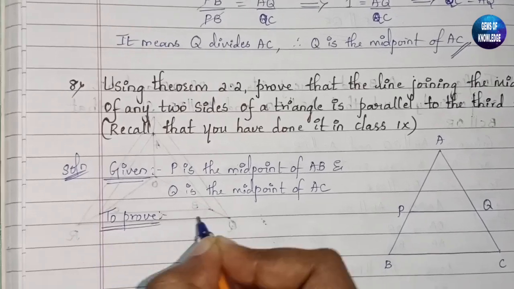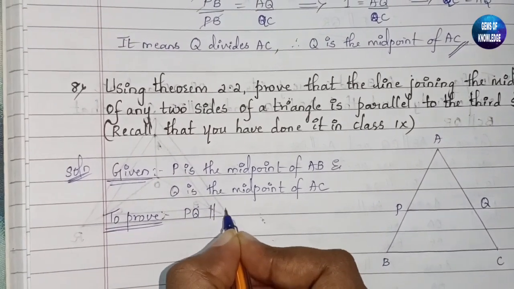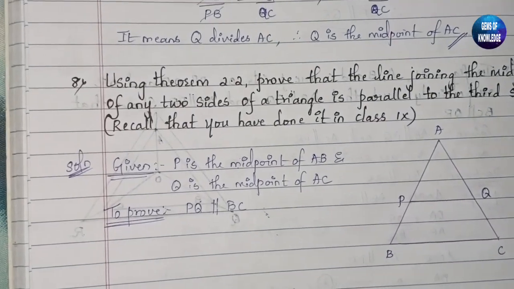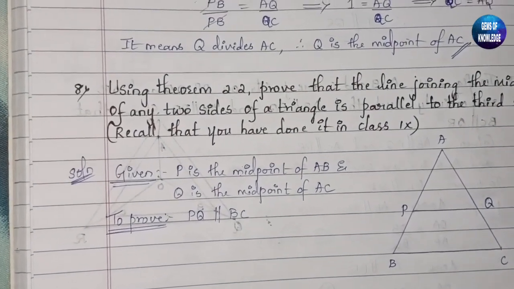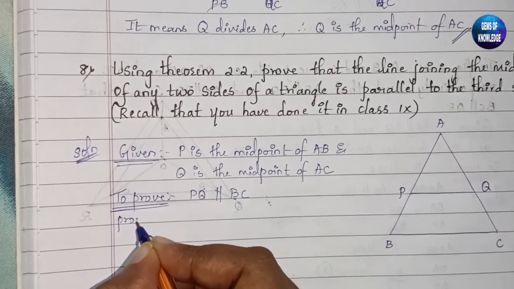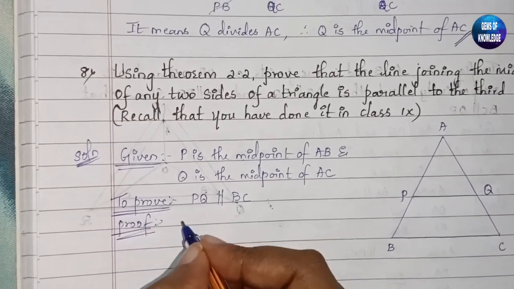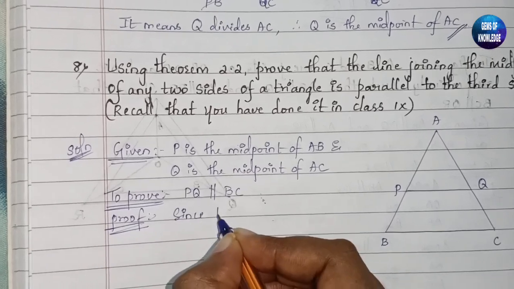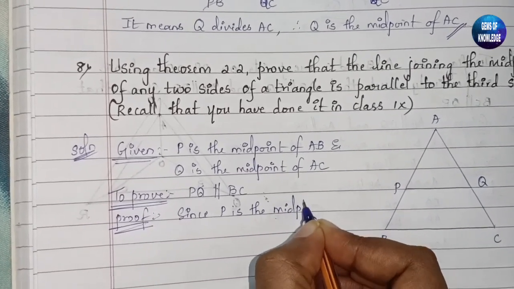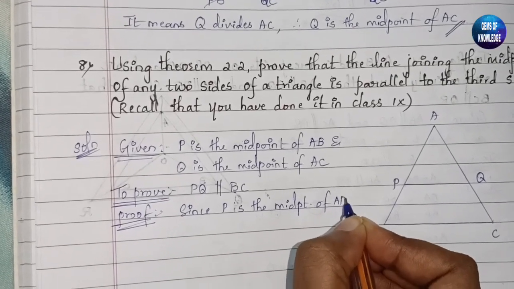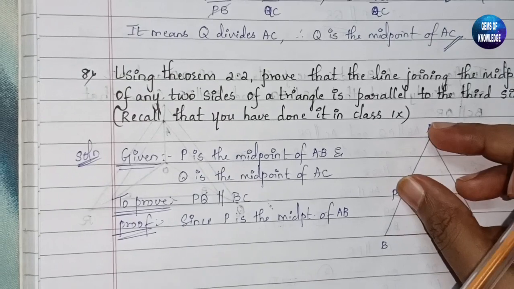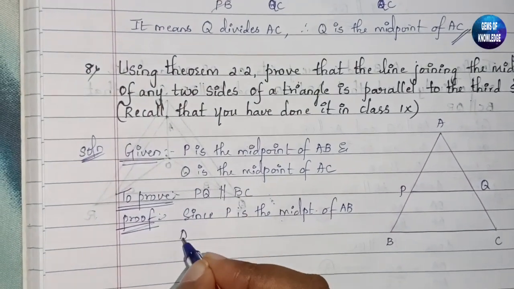To prove PQ is parallel to BC, we need to prove that this PQ is parallel to this BC. In the proof, since P is the midpoint of AB, we can write that AP is equal to PB.